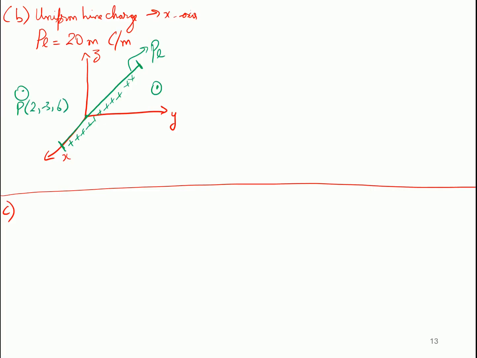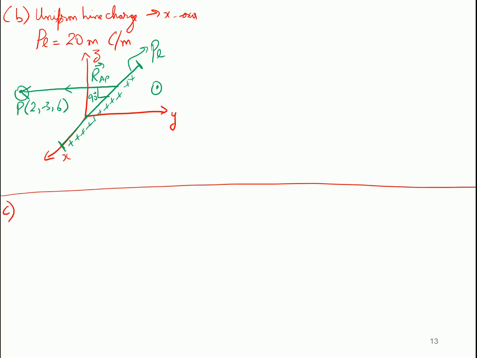If you remember, whenever we deal with problems associated with line charge distribution, we always draw a perpendicular originating from the line. So if this is a line, this is a point, we always draw a perpendicular line moving from the source to point P, as it makes an angle of 90 degrees, and this is basically our distance vector R AP, or you can call it rho AP. Later on we can change that.